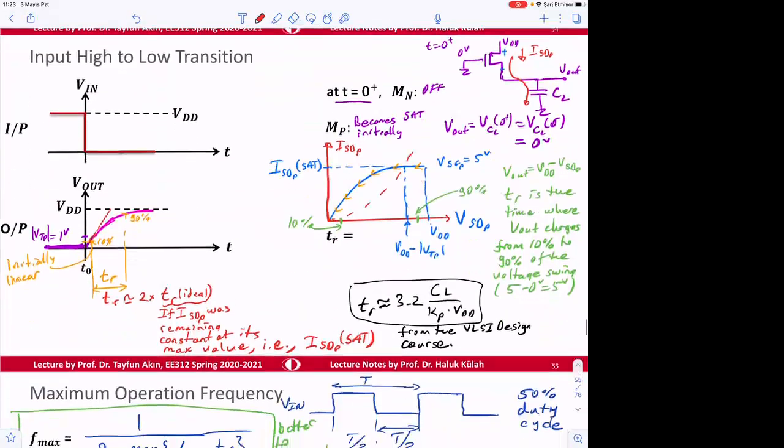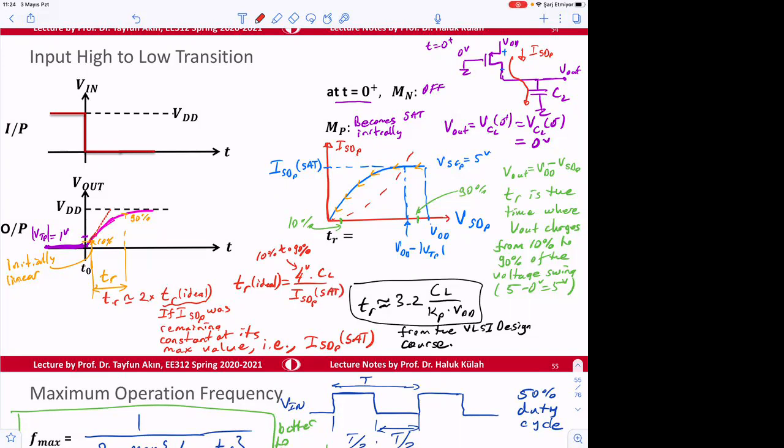So like here, where TR ideal is equal to delta V, 10% to 90% voltage here, delta V times CL divided by I source of drain of P in SAT.